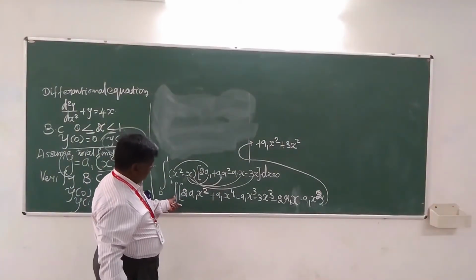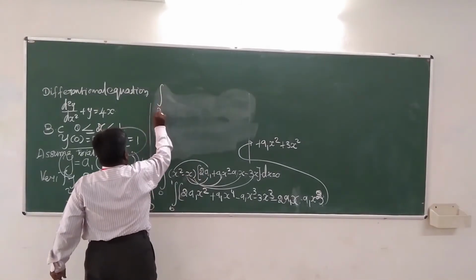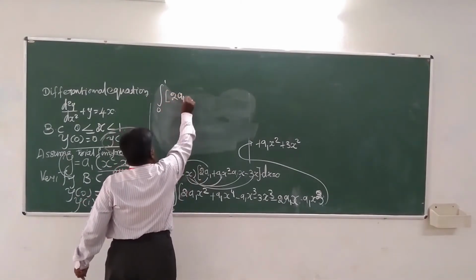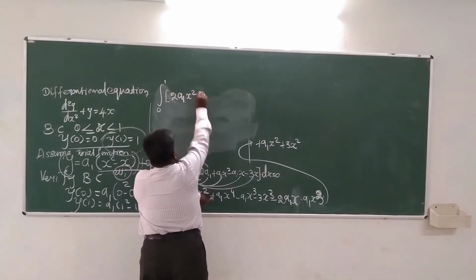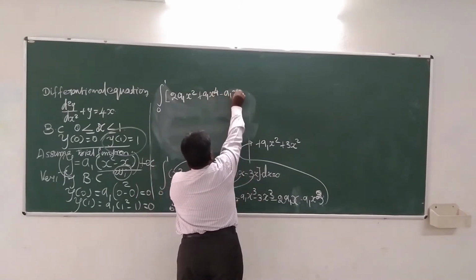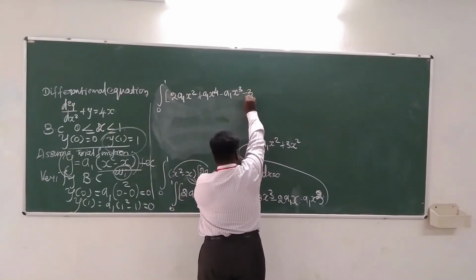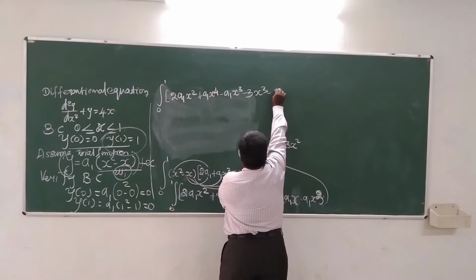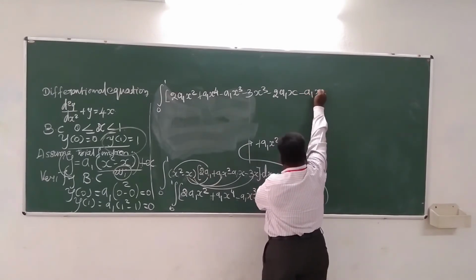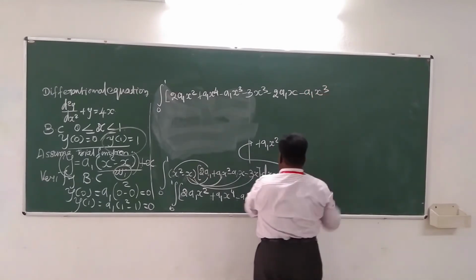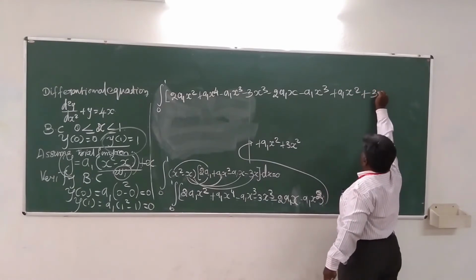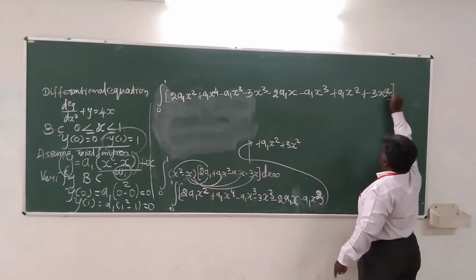So again I am rewriting this equation. Integration of 0 to 1, cross verified all the values, minus a1 x cube minus 3 x cube, minus 2 a1 x minus a1 x cube, then plus a1 x square plus 3 x square, dx.